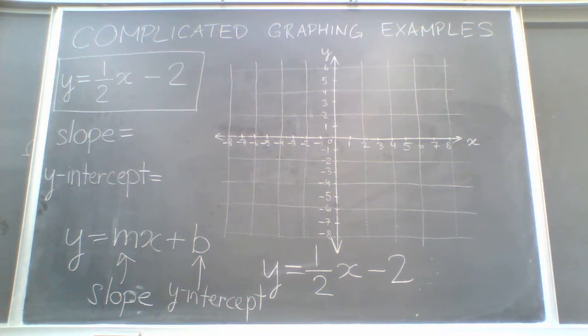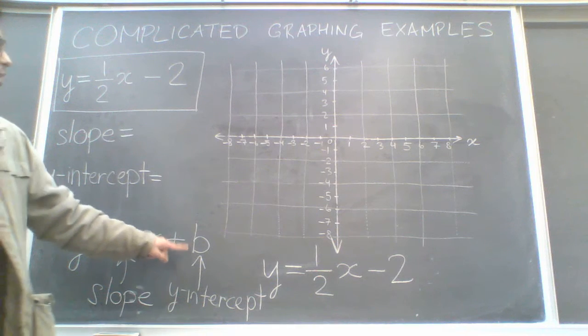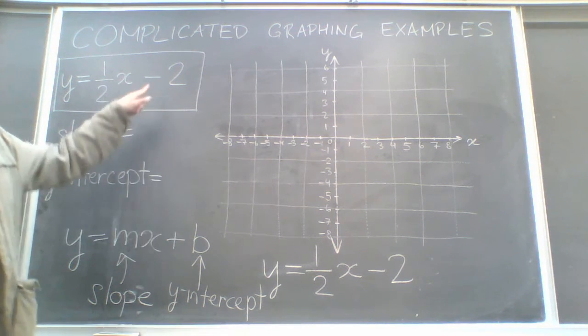So, if we compare this equation down here using the letters to the equation that we are using in this particular question, we can just match up the placement of the letters with the placement of the numbers to determine what the slope and the intercept are.